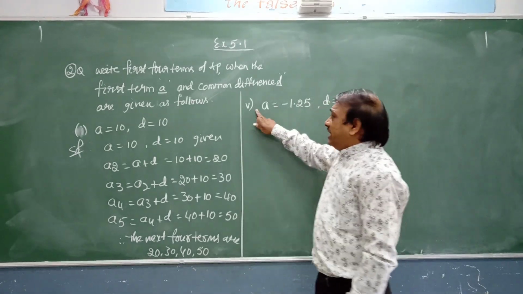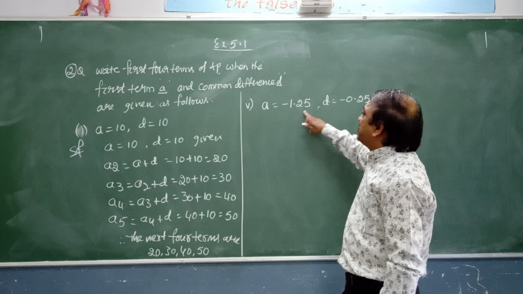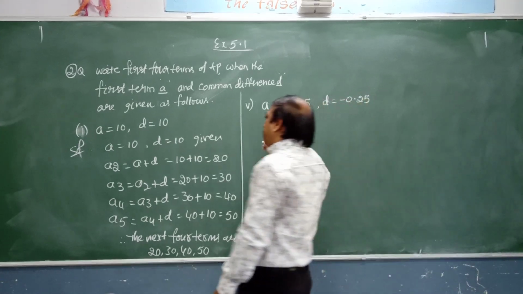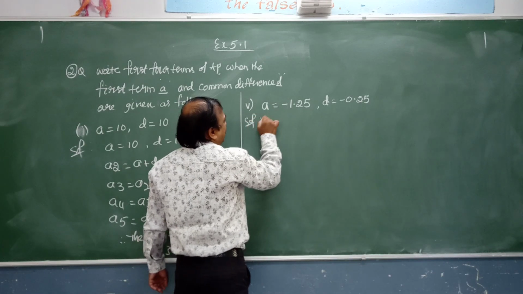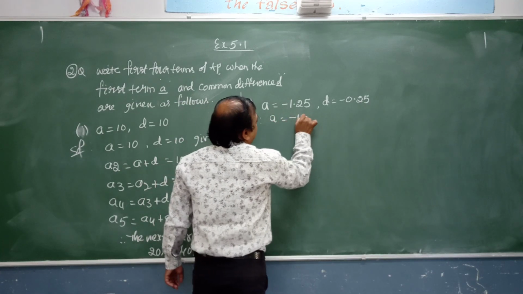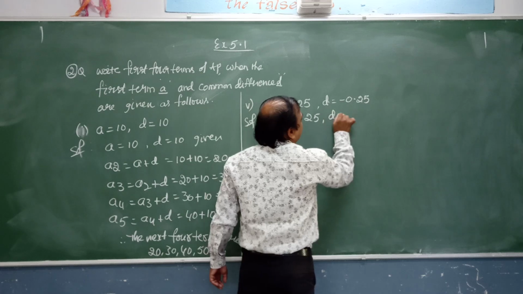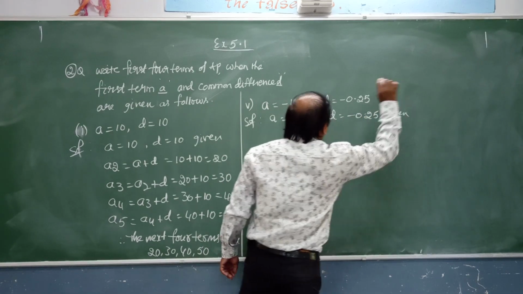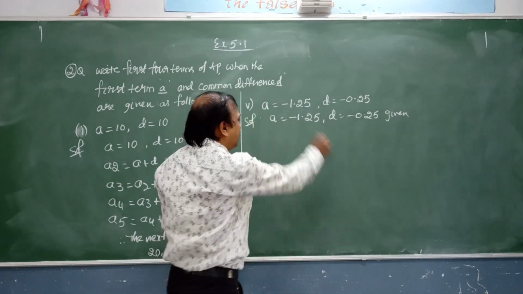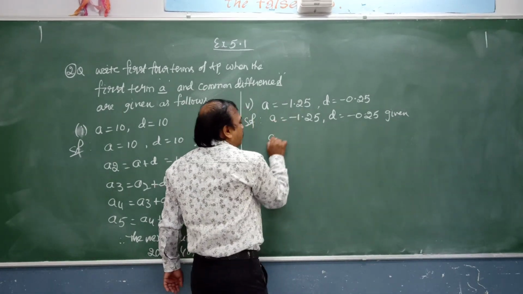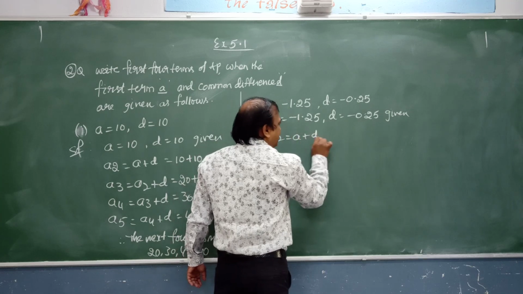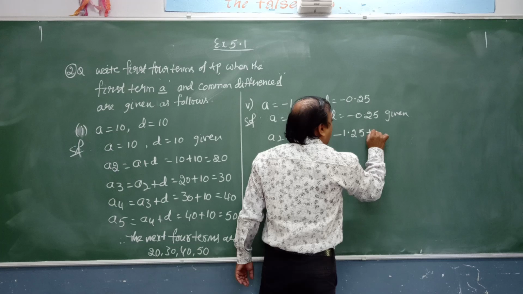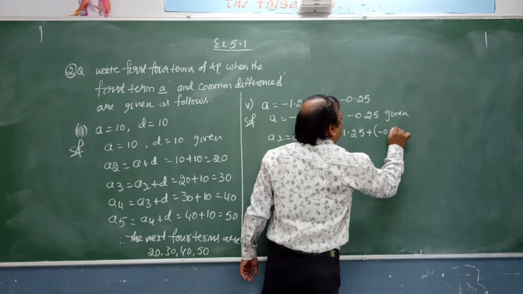Now, in this next one, A is equal to minus 1.25 and D is equal to minus 0.25 is given. First term is already there. Now A2 is equal to A plus D, which is minus 1.25 plus minus 0.25.